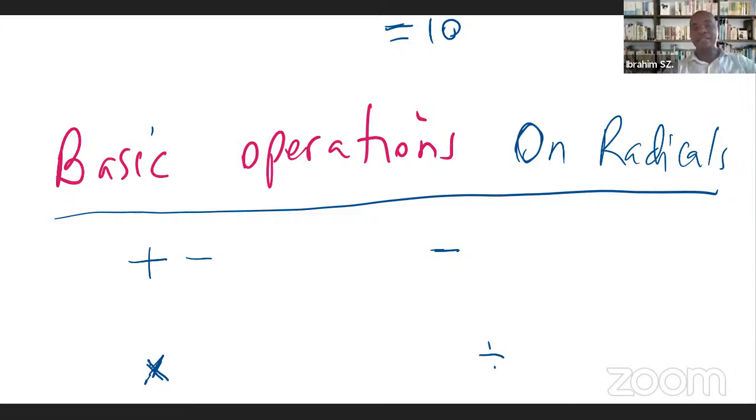But as I said, now we have addition, we have subtraction, we have multiplication, and we have divisions. So these are the basic operations when we talk of radicals, dear friends. So you can think of how you are going to add the radicals, how you're going to subtract the radicals, how you are going to multiply radicals, and how you are going to divide radicals.